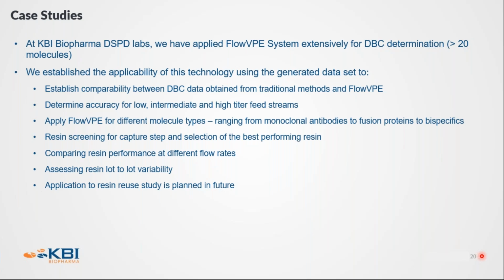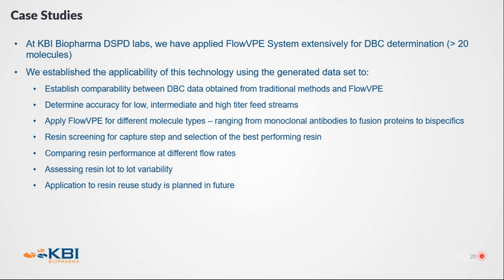Then we applied the FlowVPE for different types of molecules which we work on. We applied it for monoclonal antibodies, fusion proteins, and bispecific monoclonal antibodies to see that they are giving us comparable results with the traditional methods.